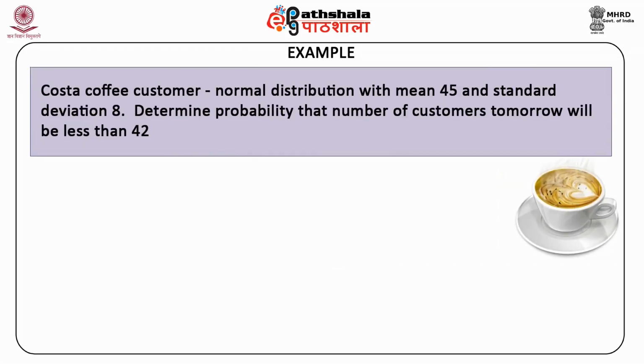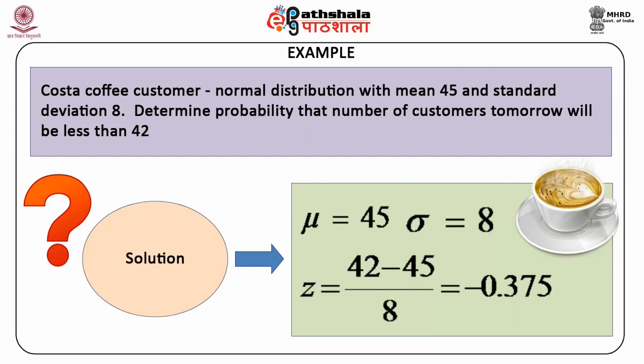Costa Coffee morning customer load follows a normal distribution with mean 45 and standard deviation 8. Determine the probability that the number of customers tomorrow will be less than 42. We first convert the raw score to a z-score. Given mu is equal to 45 and sigma is equal to 8, we get z is equal to 42 minus 45 upon 8, which is equal to minus 0.375.